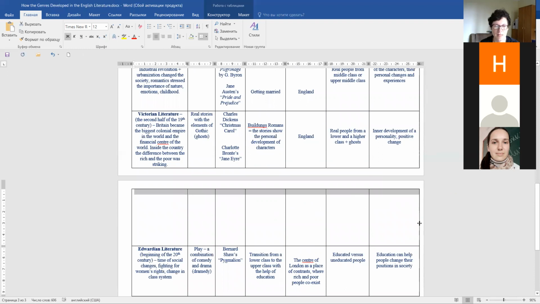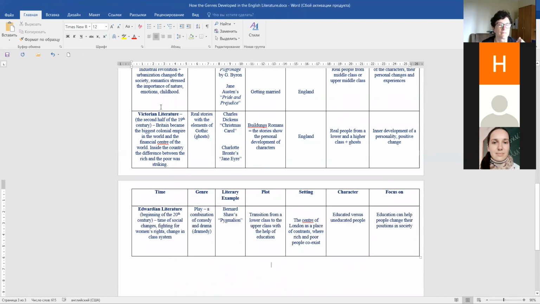Okay, Marin, talk about Edwardian literature. Edwardian literature: beginning of the 20th century, a time of social changes, fighting for women's rights, and change in the class system.